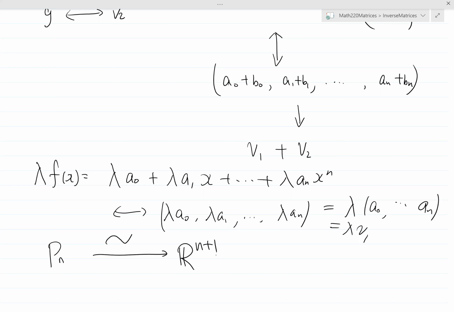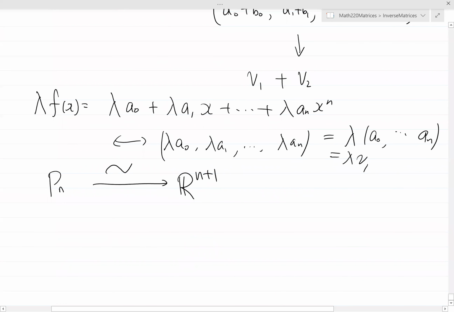Now, of course, we can define polynomials of any degree. So you see, P1 is contained in P2, because P2 contains polynomials of degree 2, but P1 doesn't. So we can go higher and higher. P2 is contained in P3, P3 is contained in P4, and so on.